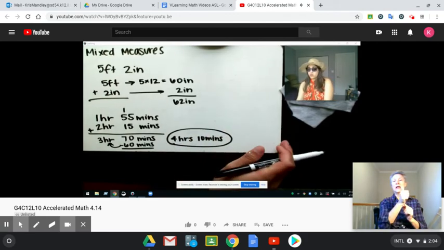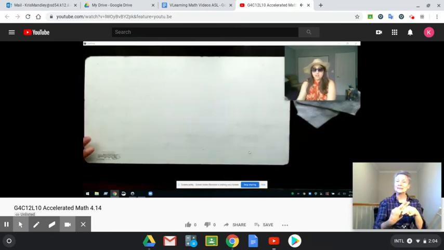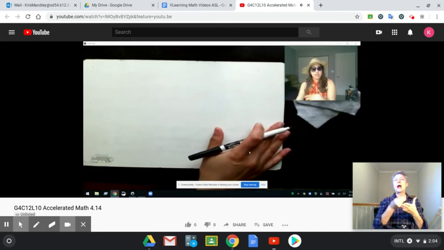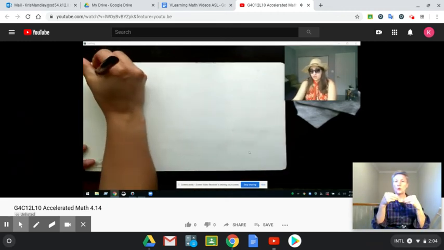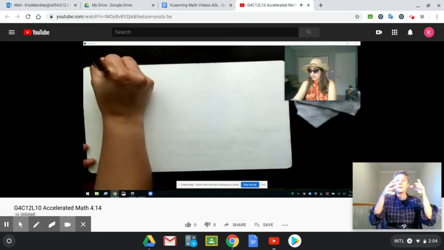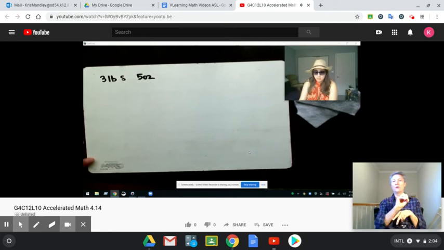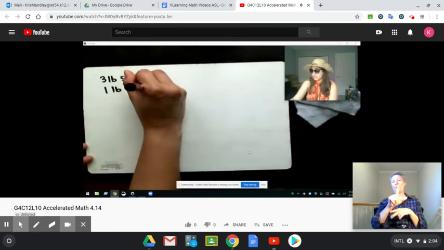Let's try one more thinking about weight, okay? I want you to think about if you're maybe buying produce at the grocery store, and a lot of times you weigh that produce on a scale. So let's say I'm buying some oranges, and I weigh them, and I find that they weigh 3 pounds, 5 ounces. Let's say I buy some apples, and those weigh 1 pound, 8 ounces.